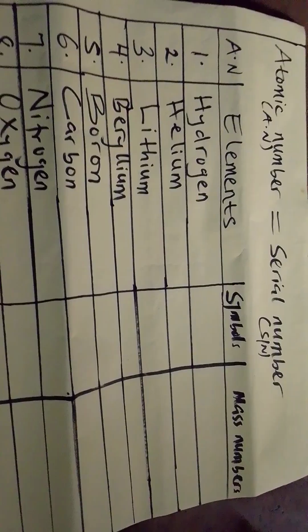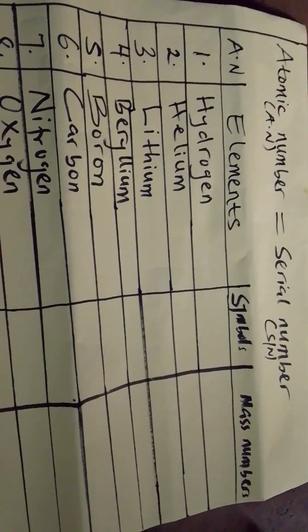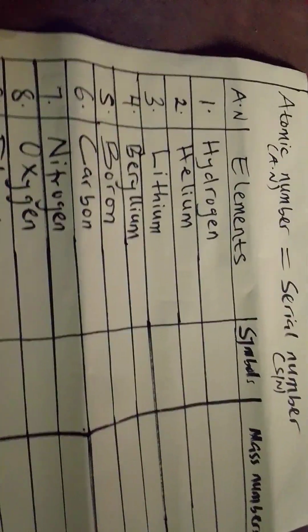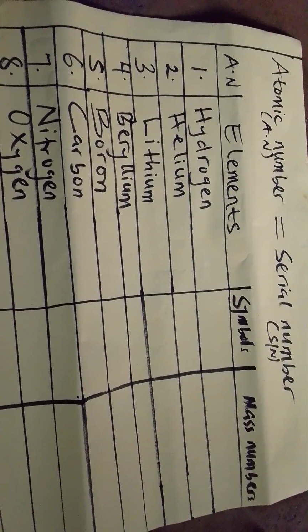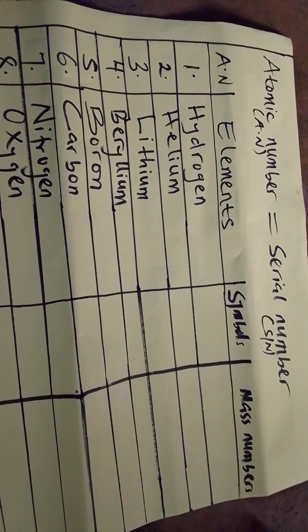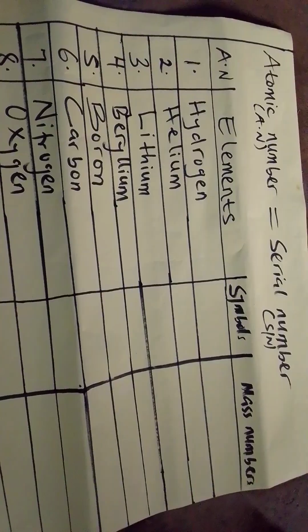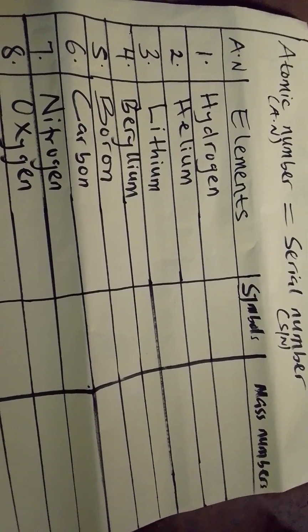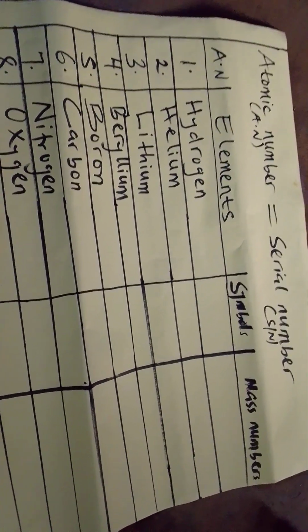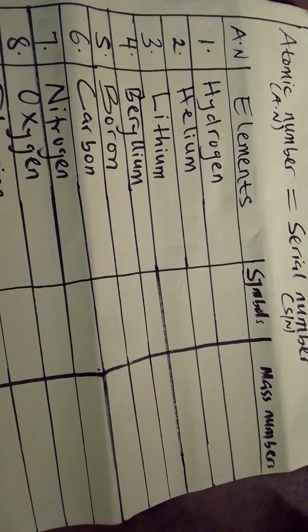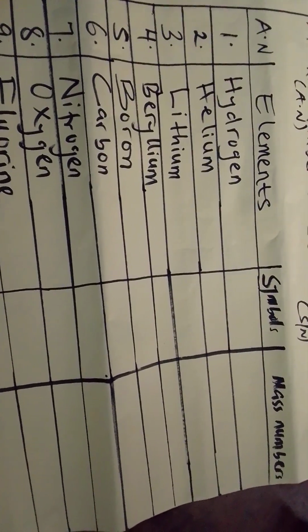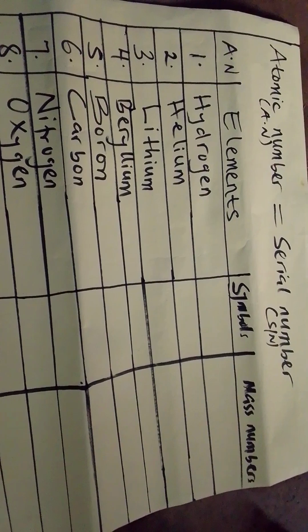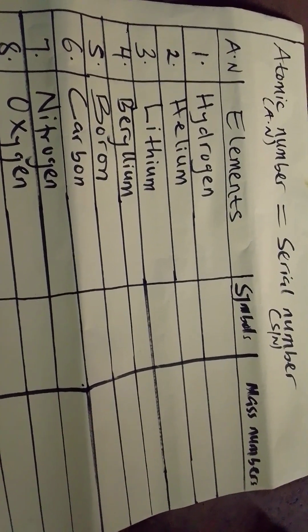These are the elements. So now, what's atomic number? Atomic number is the same thing as serial number. The serial number that you normally see when you want to itemize something is the same thing as atomic number in this regard. So AN stands for atomic number, the way SN stands for serial number.